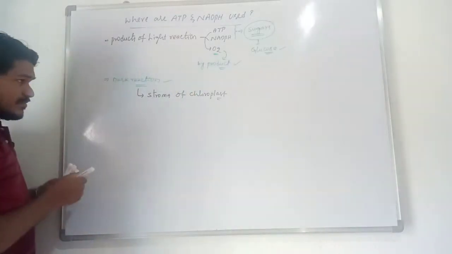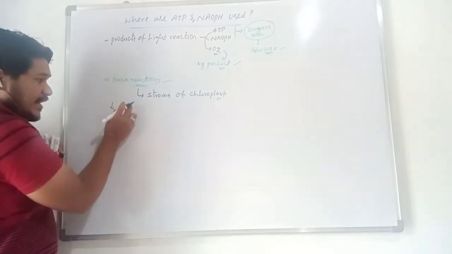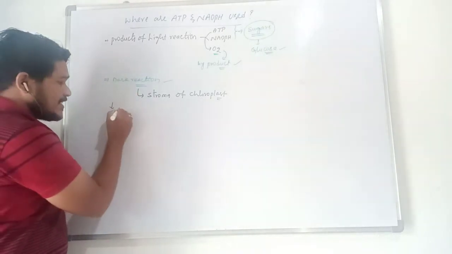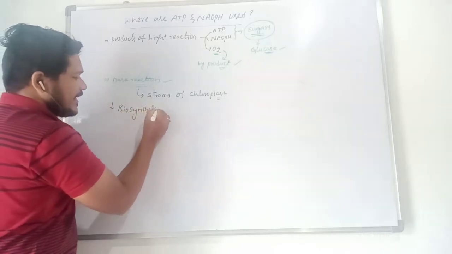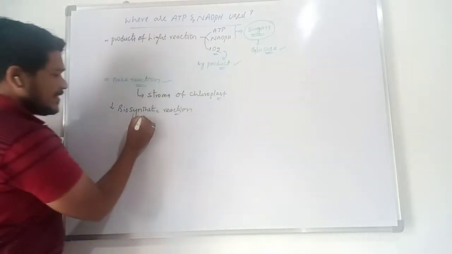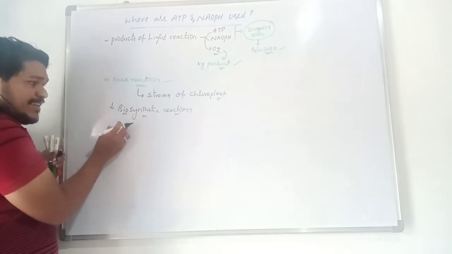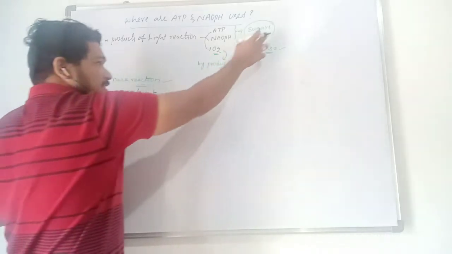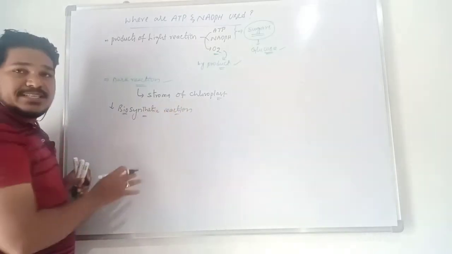These dark reactions are also known as the biosynthetic reactions or biosynthetic phase. Bio means in the living cells, and synthetic means the synthesis of sugars by various chemical reactions.